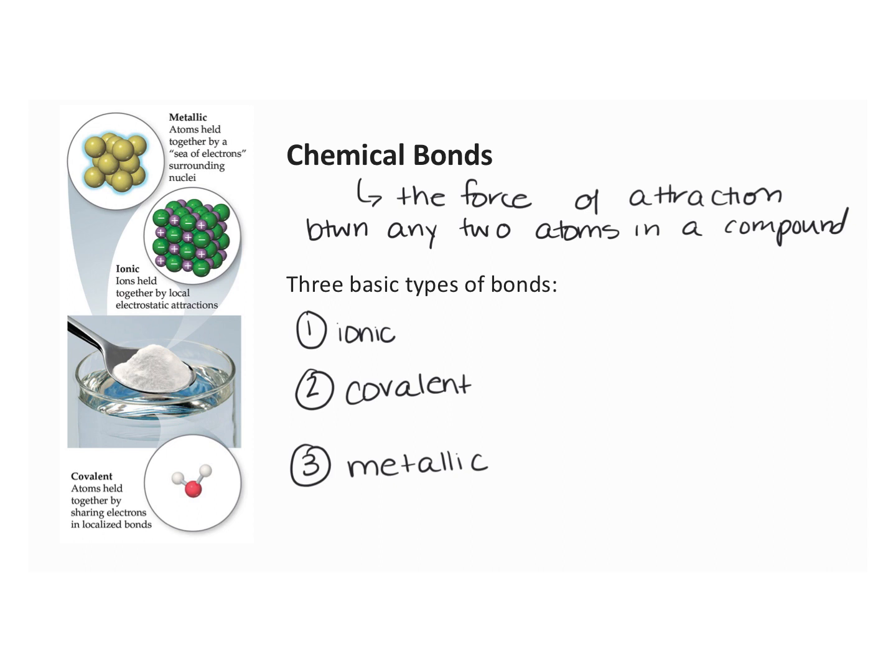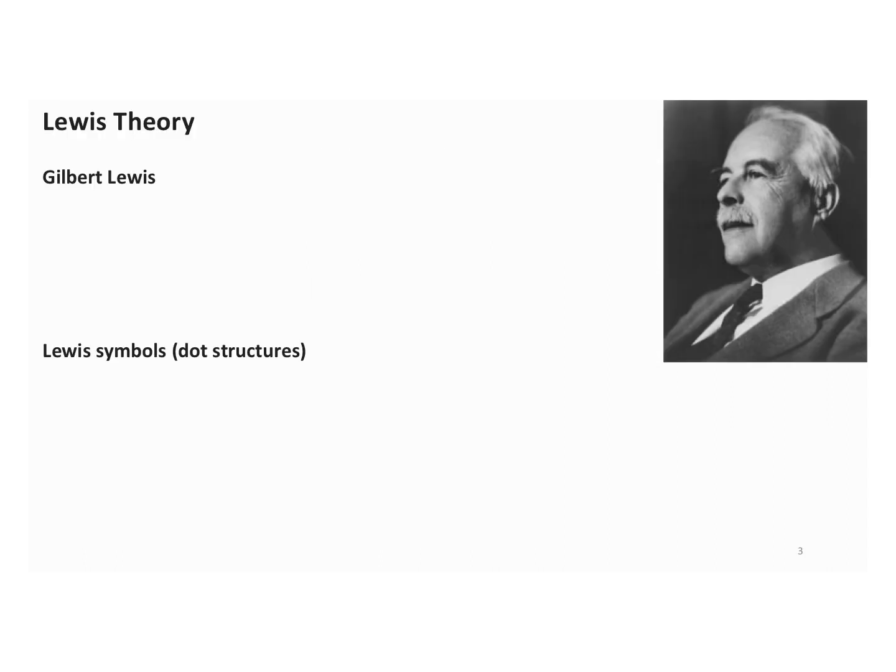So let's dive into different types of chemical bonding. One of the people to describe chemical bonding was a gentleman by the name of Gilbert Lewis, and there's a picture of him here.